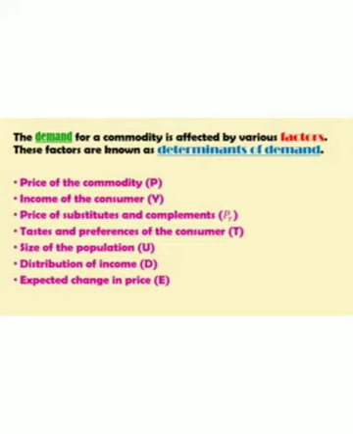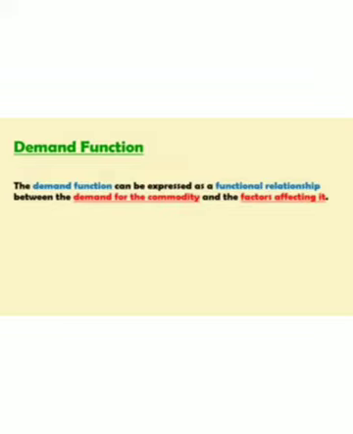The relation between demand for a commodity and its determinants gives us the demand function. What is a demand function? The demand function can be expressed as a functional relationship between the demand for the commodity and the factors affecting it.